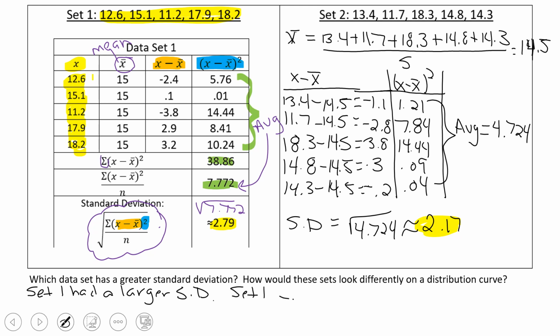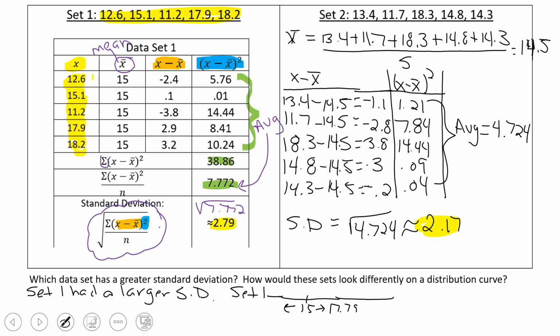So for example, for set 1, we know the average, which we found to be 15. If I go 1 standard deviation in each direction, I'm going to be adding 2.79. So this is going to be 17.79. Extend this. Sorry, my notes are off.